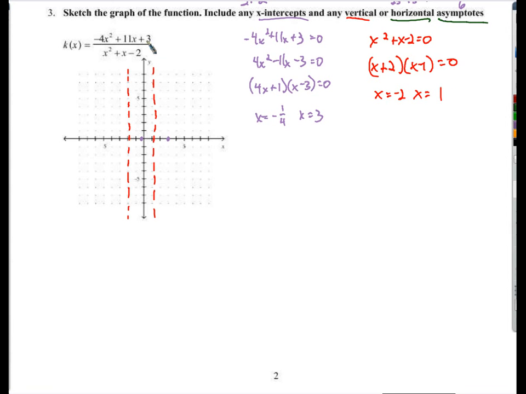Okay, so again, when we put in a very large number, this 3 up here doesn't add a lot. This plus 11x does not add a lot, because this -4x squared is so large in magnitude that we can almost ignore those. We can ignore those when we're looking at the horizontal asymptote. Same thing down here. We're going to look at the highest power, the numerator and denominator. So when x gets to be very large, you could try it yourself.